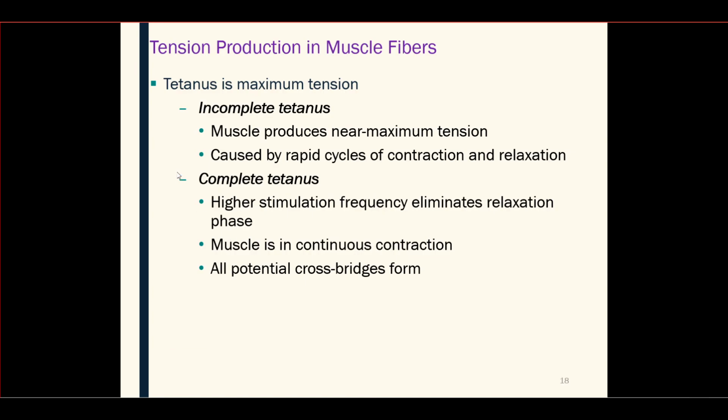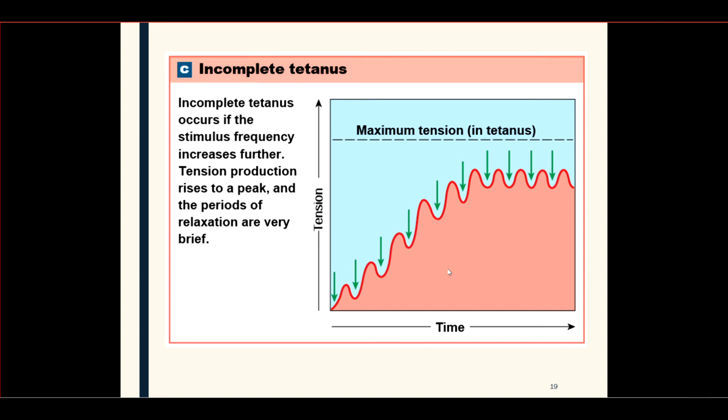Okay, so just to go back to the notes, incomplete tetanus, the muscle produces near maximum tension, right? We get close to about maybe 75% of maximum, and we're going to see that there's rapid cycles of contraction and relaxation. We still get some, again, contraction and relaxation.